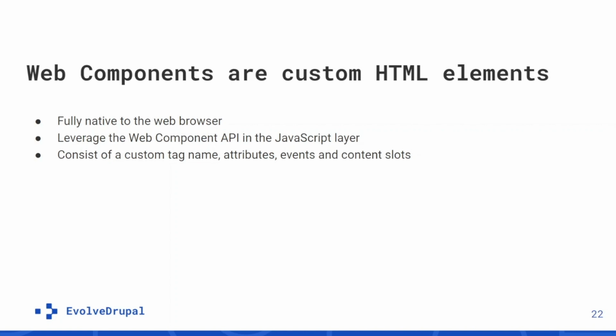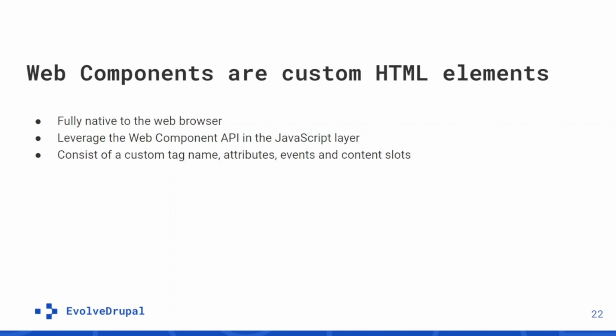It's an established protocol, and it doesn't depend on React. In fact, when you're using web components in React and other JavaScript frameworks, React depends on your web component library. So it kind of goes the other way around now. And it allows you to reuse these web components in any framework. We're talking Vue.js, Drupal, anywhere, because they are native to the web browser.